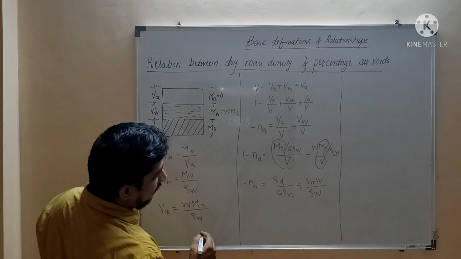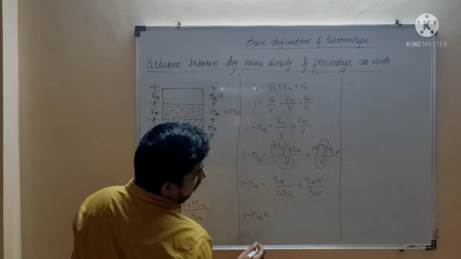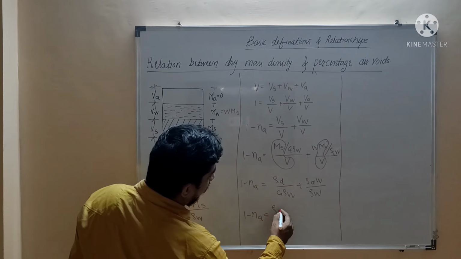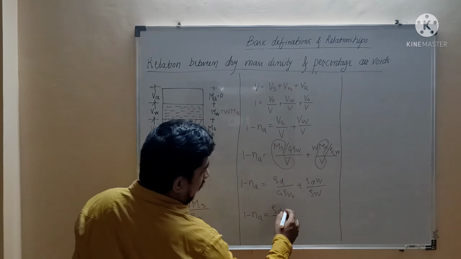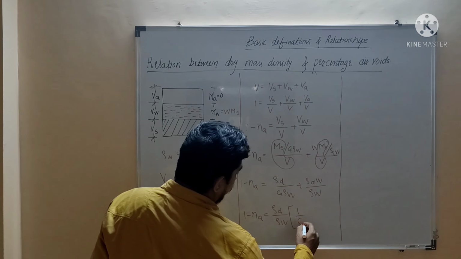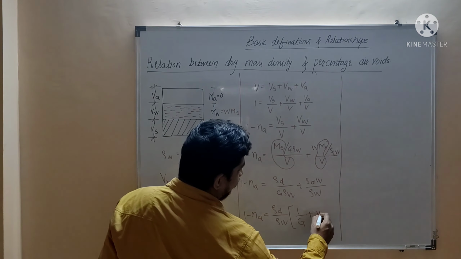What we got at last is 1 minus Na. We can take out this rho d and rho w common, so this is 1 by G plus w.